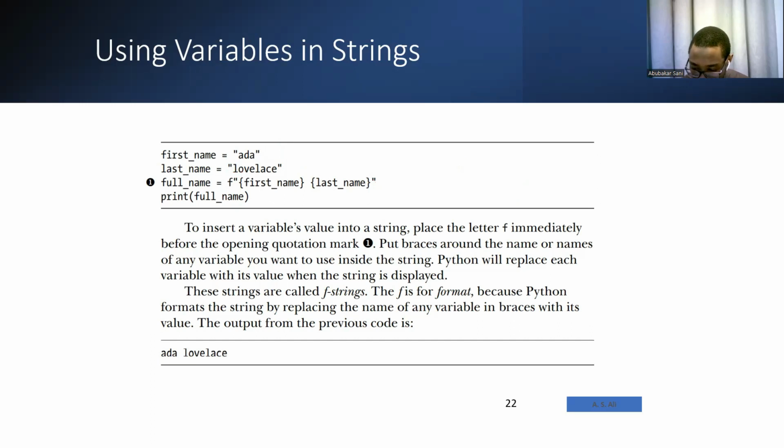So this is now going to be put here. Last name, this one comes from here. So look at this parenthesis here. So you can now print full name and it will print something like this, Ada Lovelace for you. So this is called an F string. So if you want to do some formatting, you know, to make things come in and use the variables you already defined inside your string, you can use this F string.